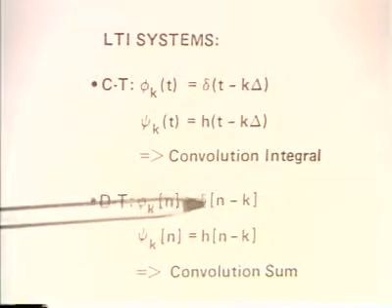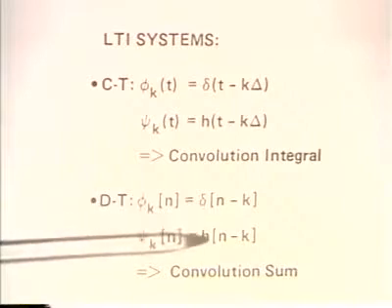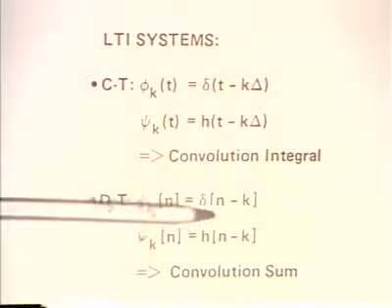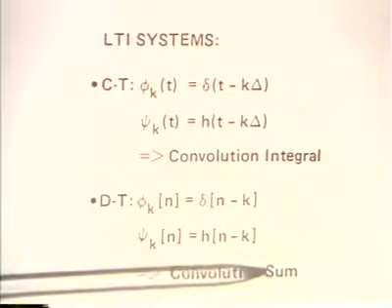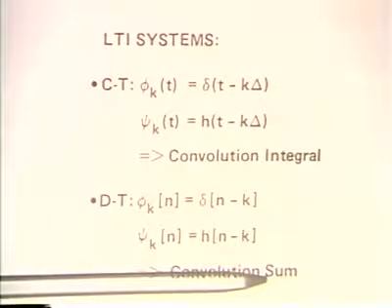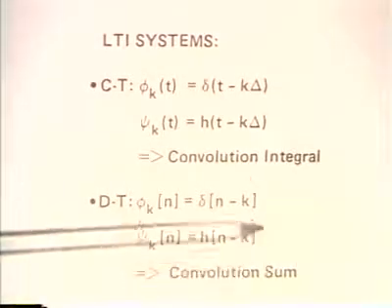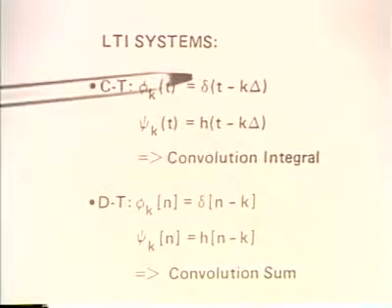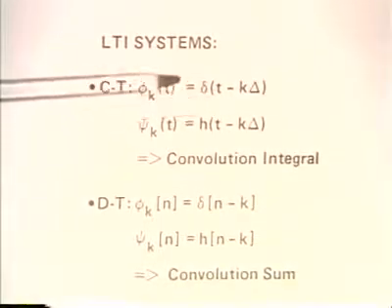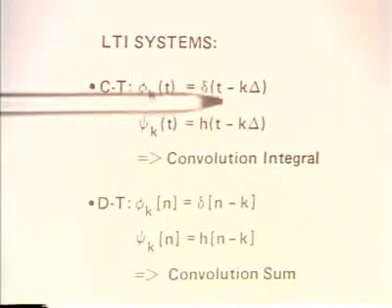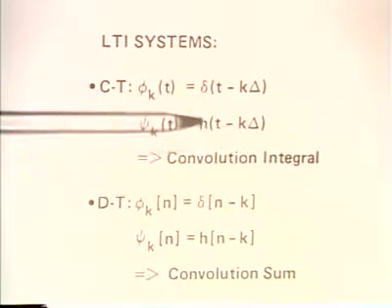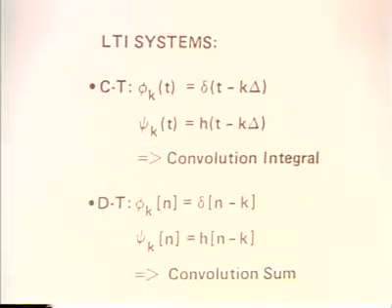Decomposing the input into a linear combination of these, and the output into the corresponding linear combination of these, then led to the convolution sum in the discrete time case. And in the continuous time case, a similar kind of decomposition in terms of impulses and associated representation of the output in terms of the impulse response led to the convolution integral.